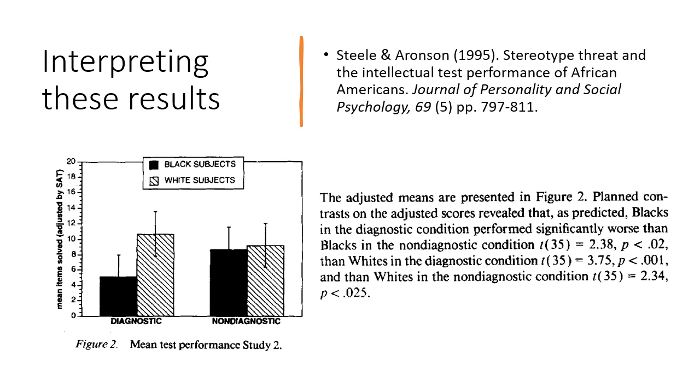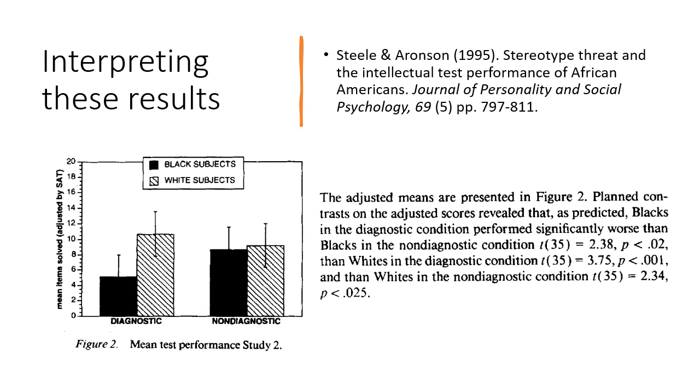So in other words, those black individuals who were threatened by saying this is a measure of your intellect, an area that the stereotype poses a threat to them, then they did worse on the test. And you can see the results here. These bars are showing confidence intervals. And so diagnostic, people in the threat condition, this is the group that they're referring to.